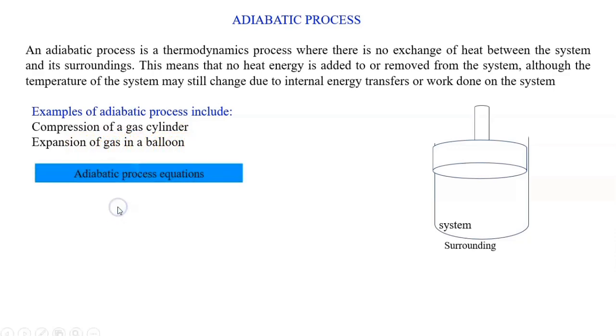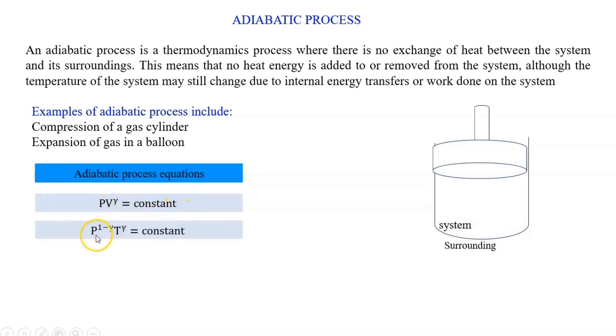Adiabatic process equations include: PV to the power of gamma is equal to constant; then P to the power of 1 minus gamma, T to the power of gamma is equal to constant; then TV to the power of gamma minus 1 is equal to constant, where gamma is equal to Cp over Cv.